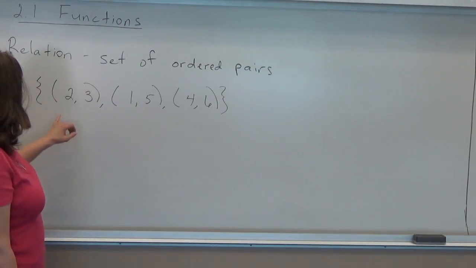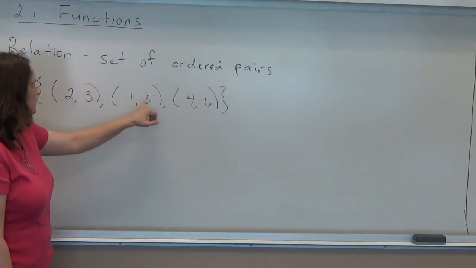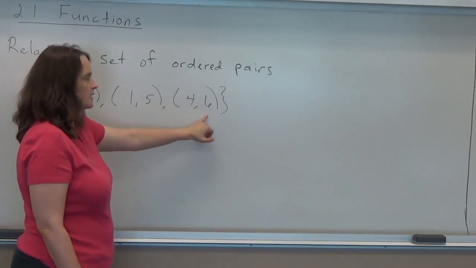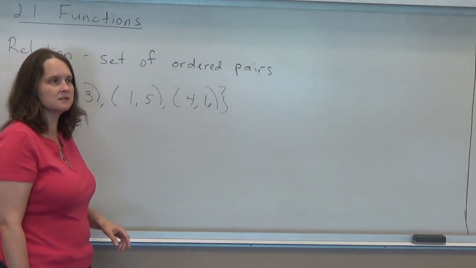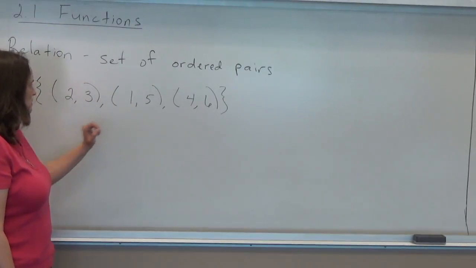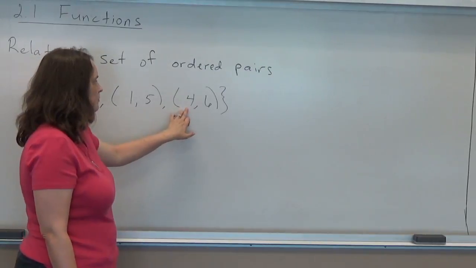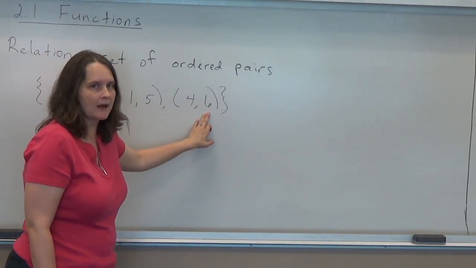So you've got x equal 2 gets matched with 3. When x is 1, it gets matched with 5. When x is 4, it gets matched with 6. So you could also think of this as saying, if you put 2 in, you get a 3 back out. If you put 1 in, you get exactly one value back out. If you put in the 4, you get exactly one value back out.